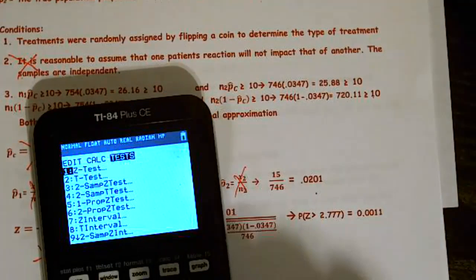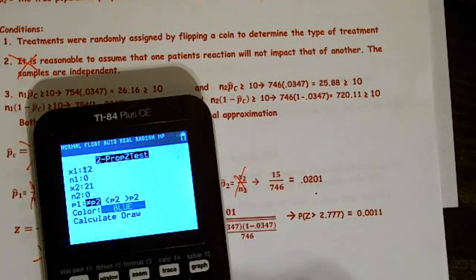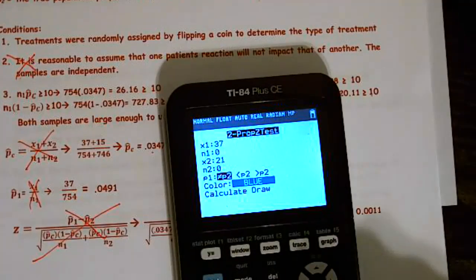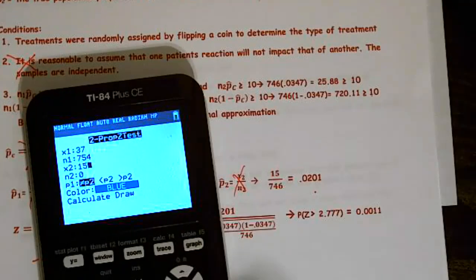Stat test, 2 proportion z-test, x1 is 37, n1 is 754, x2 is 15, n2 is 746.